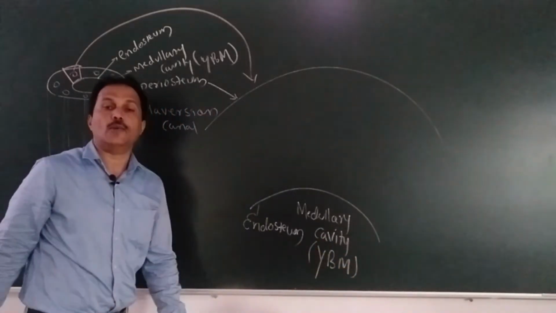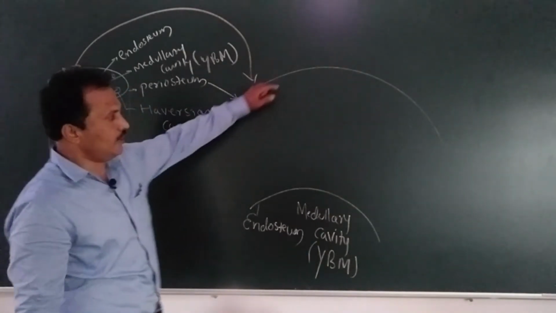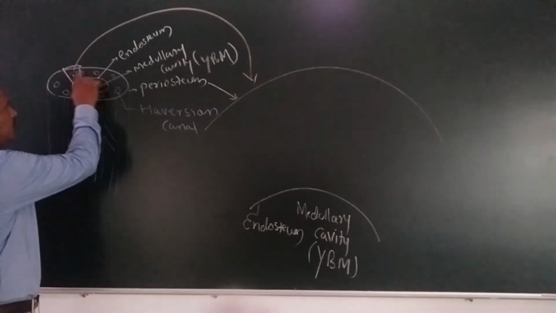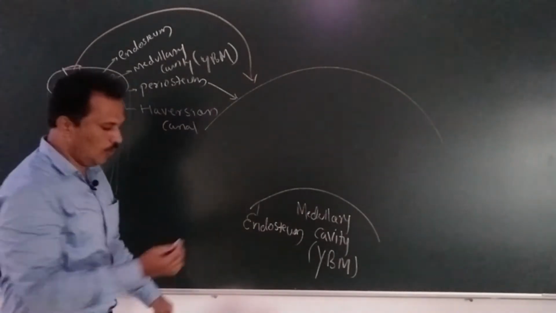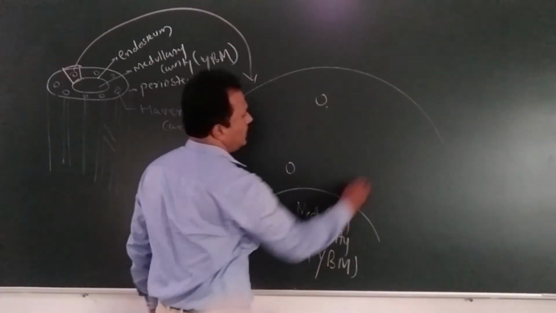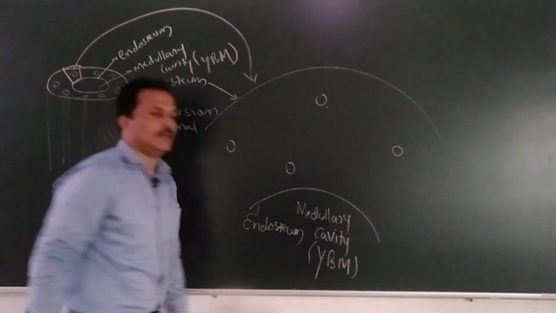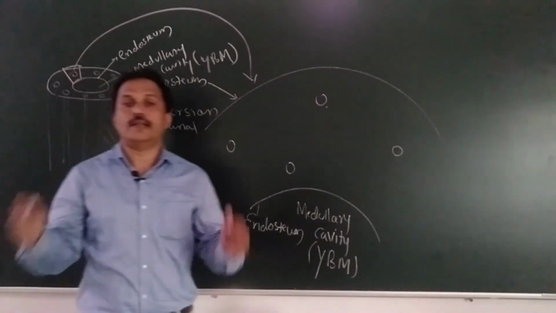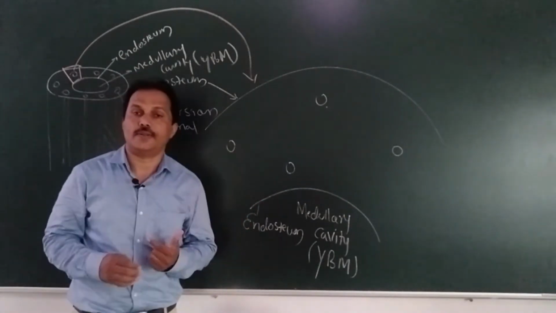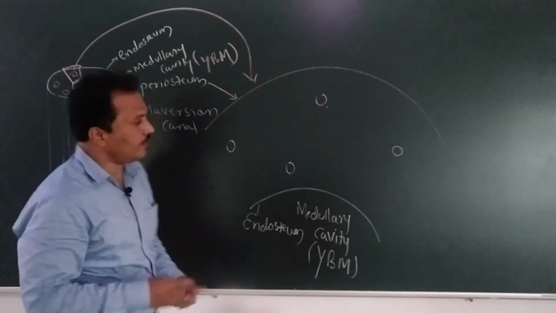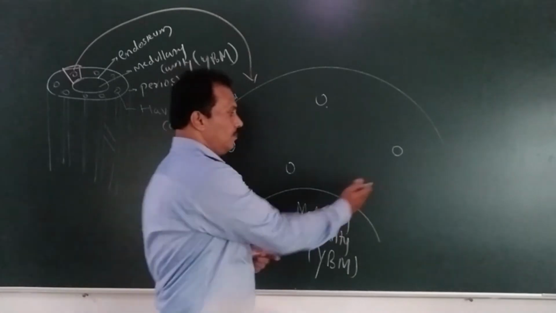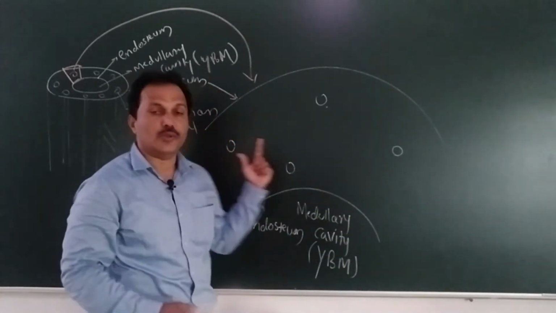In this cross section you can see the openings of Haversian canals. How the cellular structure is fitted into this bony structure is what we are going to discuss. We will start with one Haversian canal and then extend our study to the entire bony part.